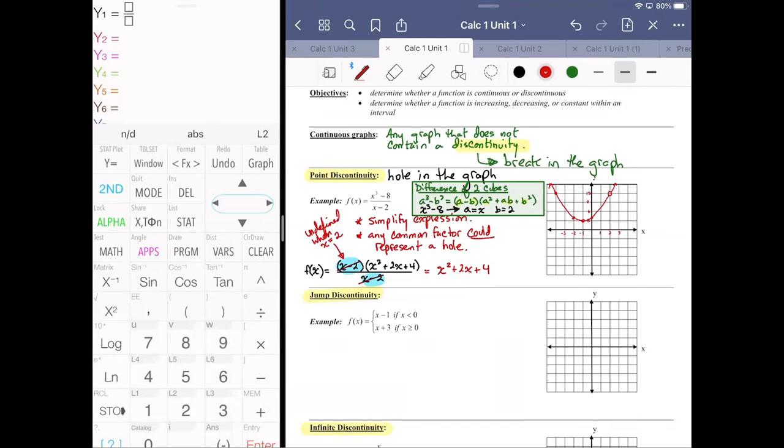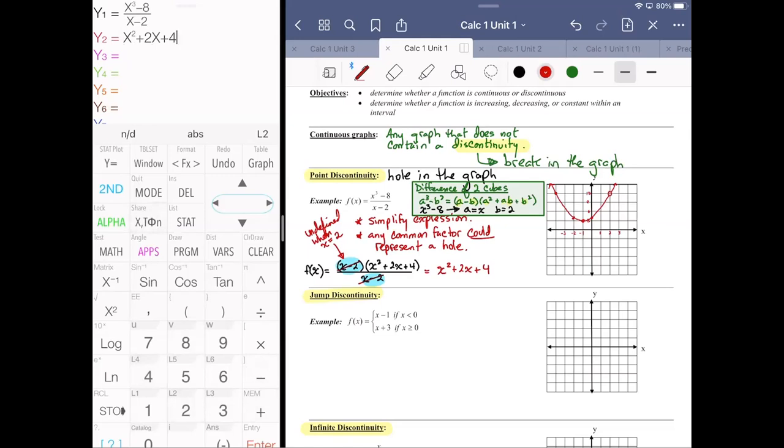And then you would just type in x cubed, so x caret 3, right arrow, get out of that exponent, -8, and then x minus 2. And then as a separate function, I would type in the simplified form, which is x squared plus 2x plus 4.